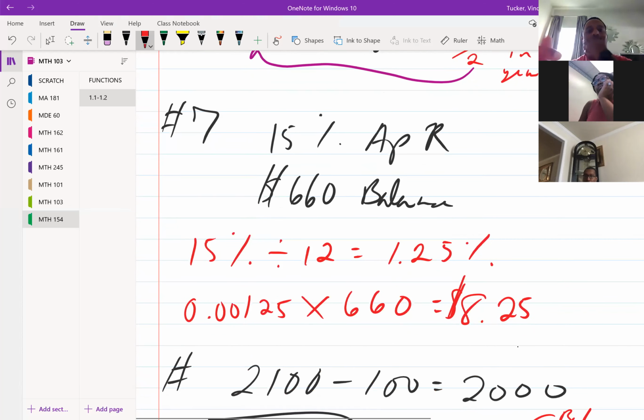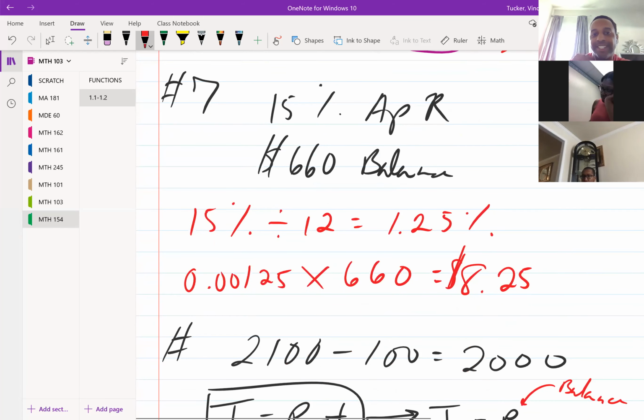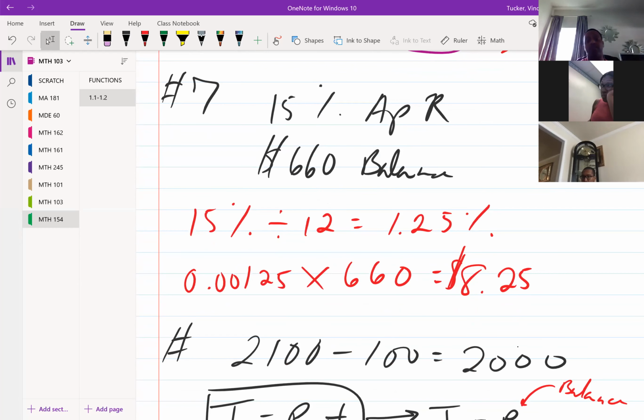So in the problem that I did before, it was a 15% annual percentage rate, and the balance was $660. So you take that 15%, you want to know the monthly interest payment. Take the 15% divided by 12, just like we did in the last one. That will give me 1.25%.